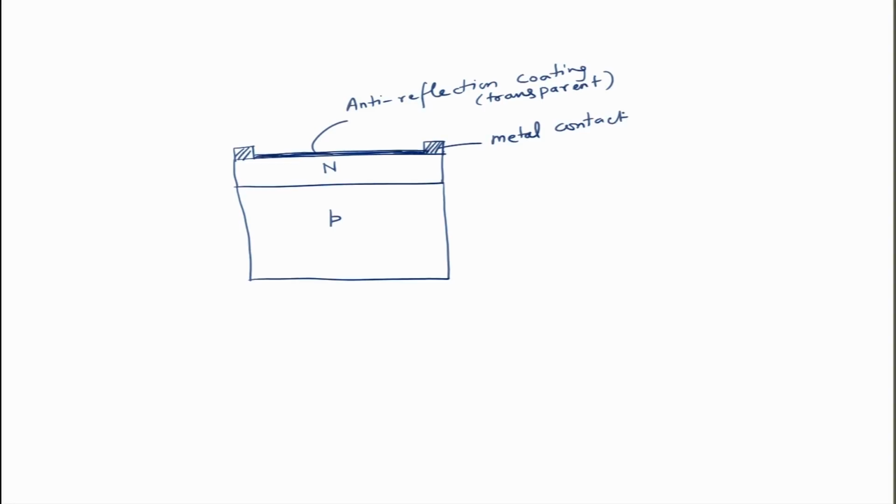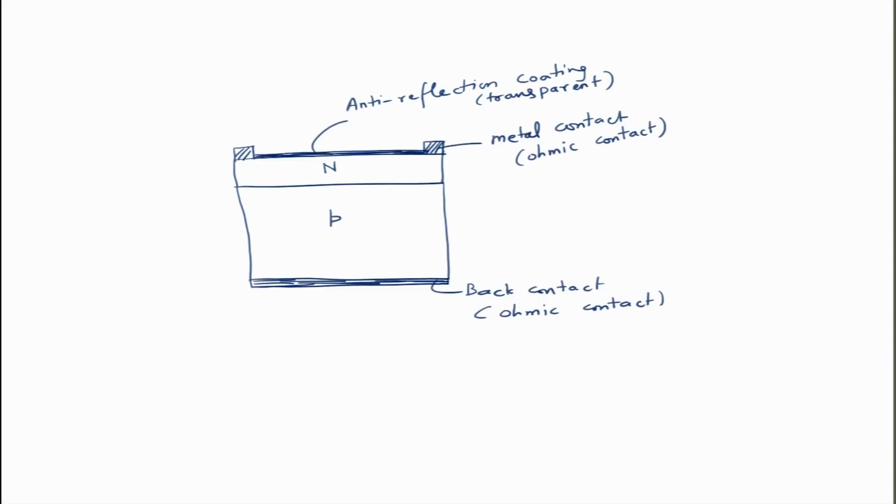Metal contacts should be conducting enough, and they should have ohmic contact with the semiconductor. And then on the back also you have a contact. This is the back contact, which again should make an ohmic contact, so that charge carriers are extracted efficiently.